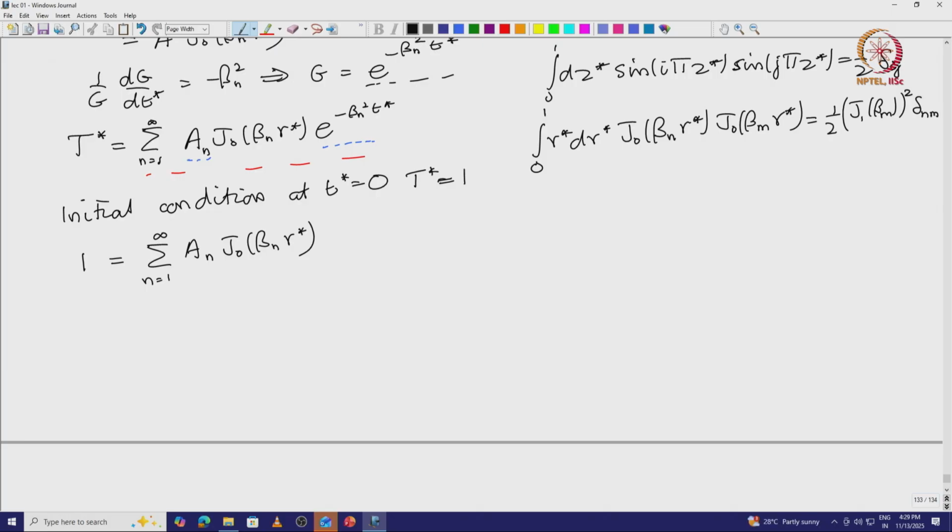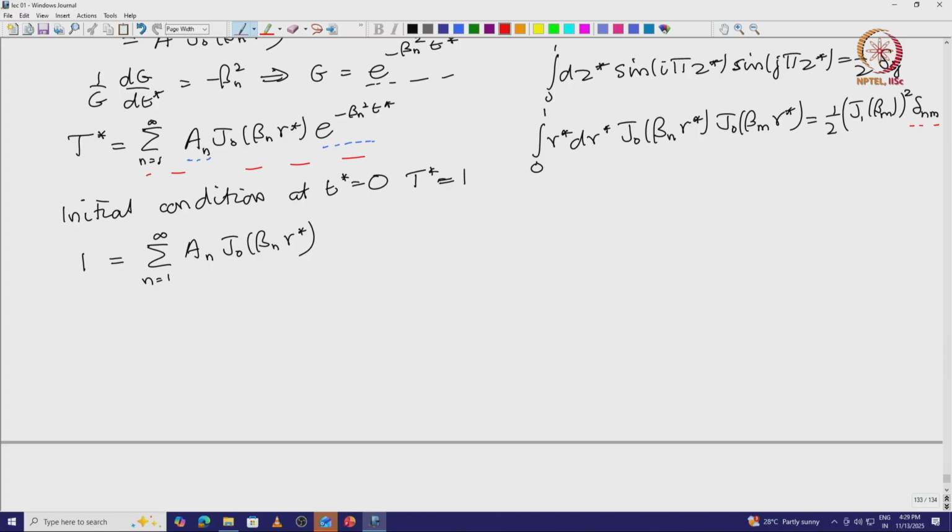This is non-zero only when n is equal to m. So, delta nm is 0 if n is not equal to m, and it is equal to 1 if n is equal to m.